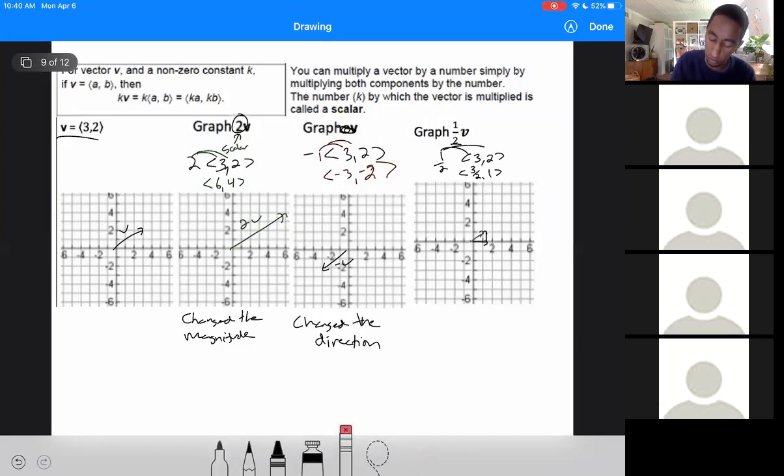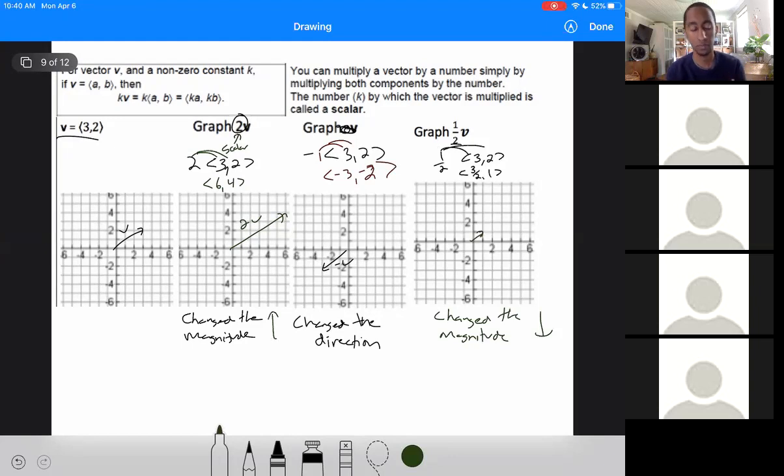So that would be what it looks like. In this case, we also changed the magnitude. In this case, it went down. In this case, the magnitude went up. Okay. So that's how you multiply vectors.